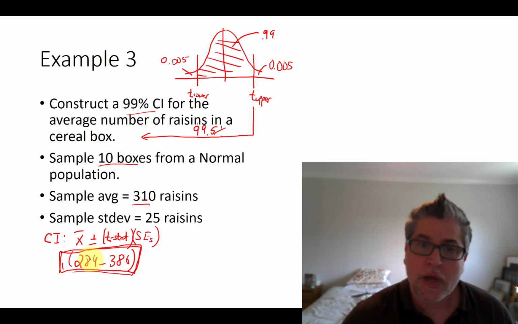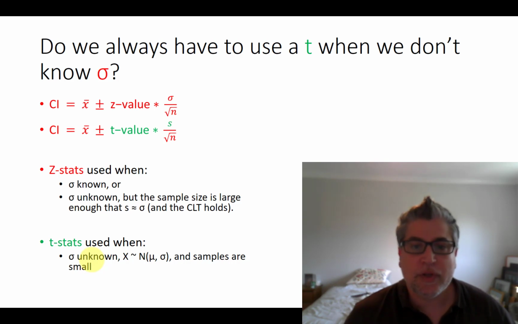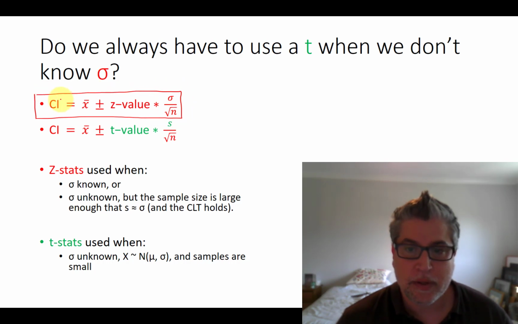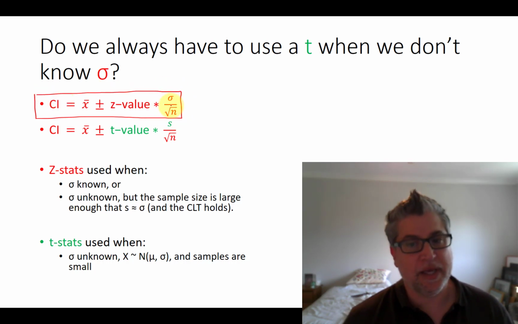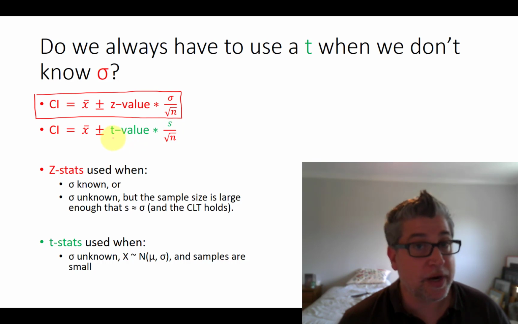All right, so let's just retrace our steps. What have we learned? We've learned that we have to modify our confidence interval formula when we don't know what sigma is. The instant we don't know what sigma is, when we have to use the sample standard deviation as a proxy, then we need to make one other change.